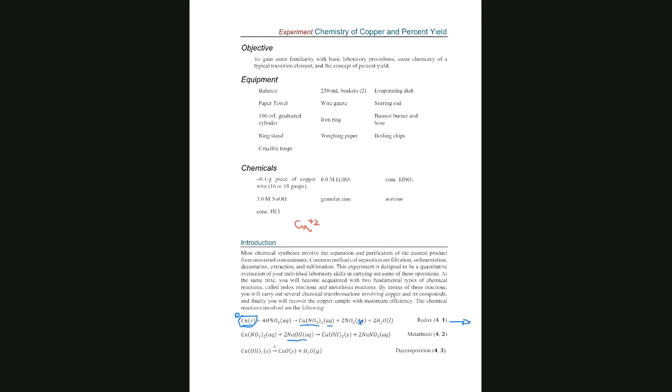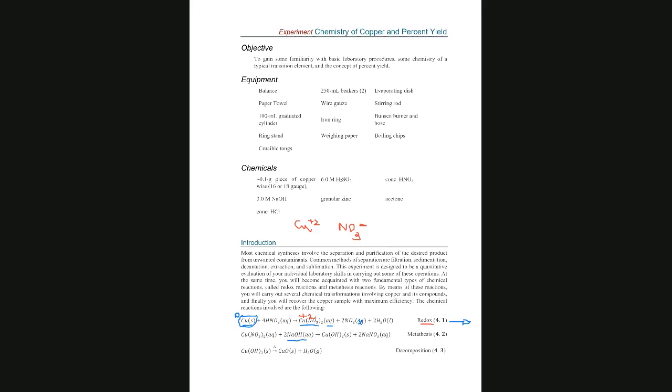And because we already studied the polyatomic ions, we know that nitrate has a -1, and we have 2 nitrates. So the copper oxidizes from 0 to +2. That's another way of recognizing that this is a redox reaction. We will go over it later in some learning checks to make sure that you understand the redox reaction.